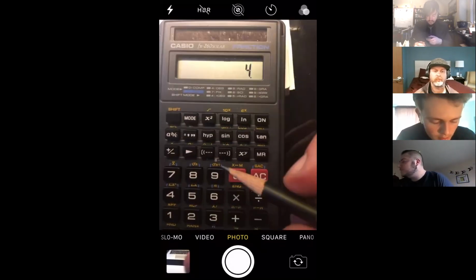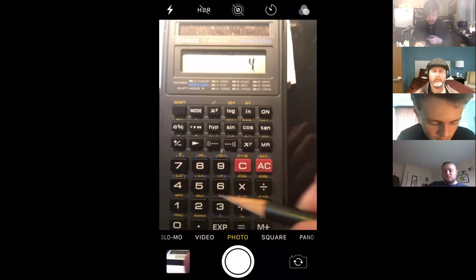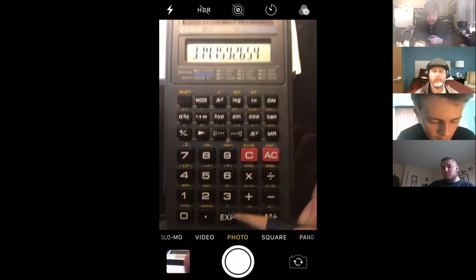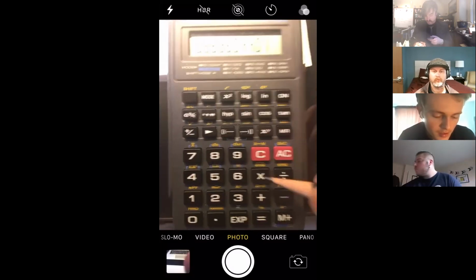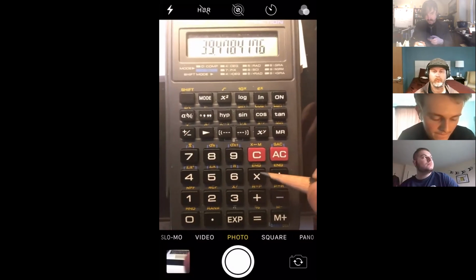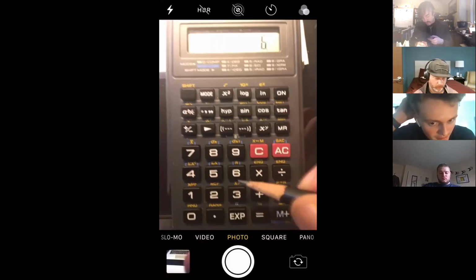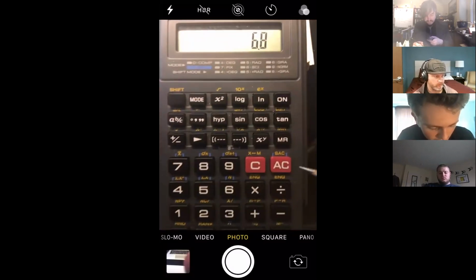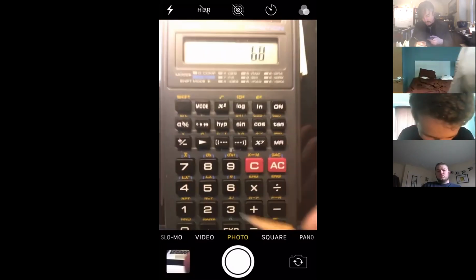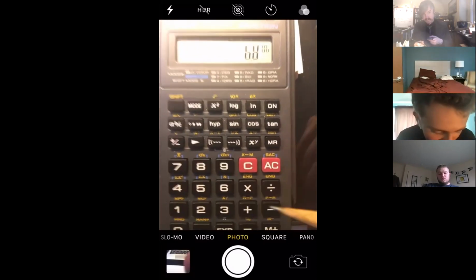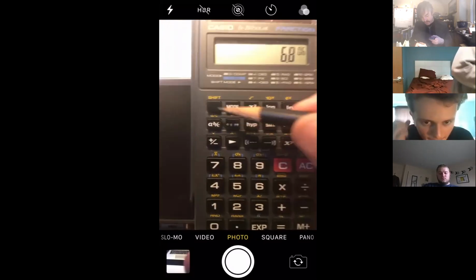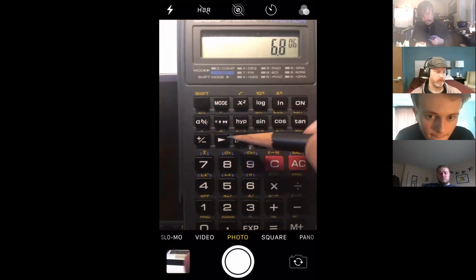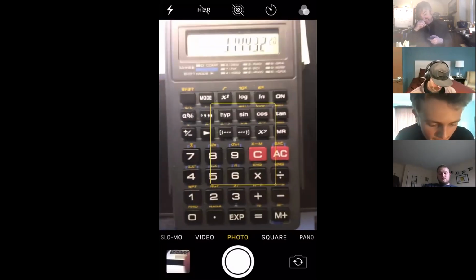Okay. 4 times pi squared times 6.8 exp 6. We have to cube it, so we hit shift and then cube. You with me?